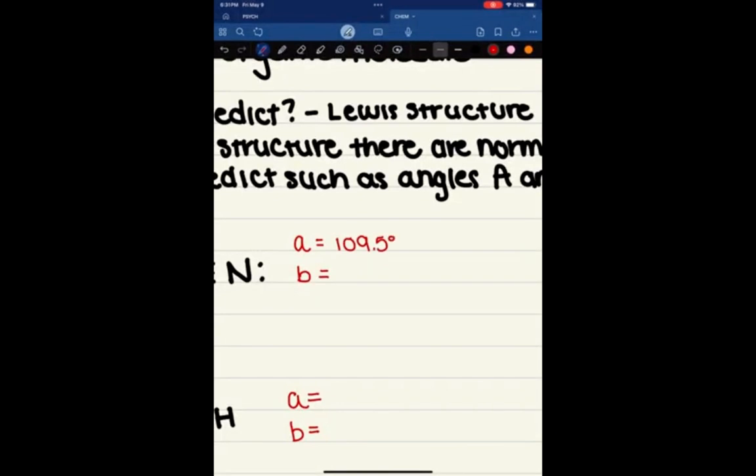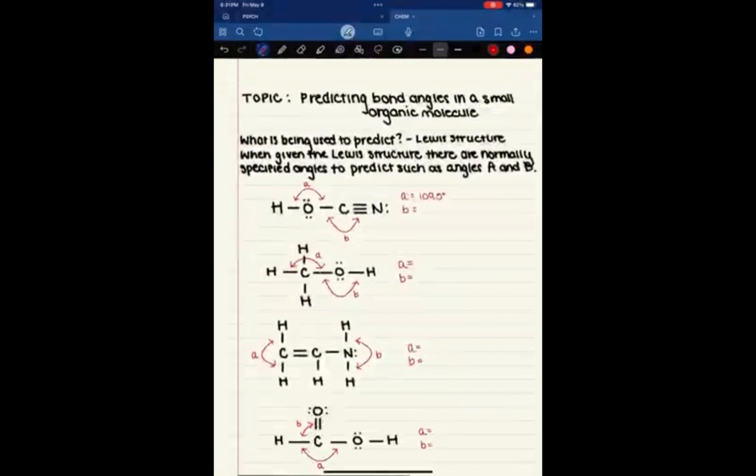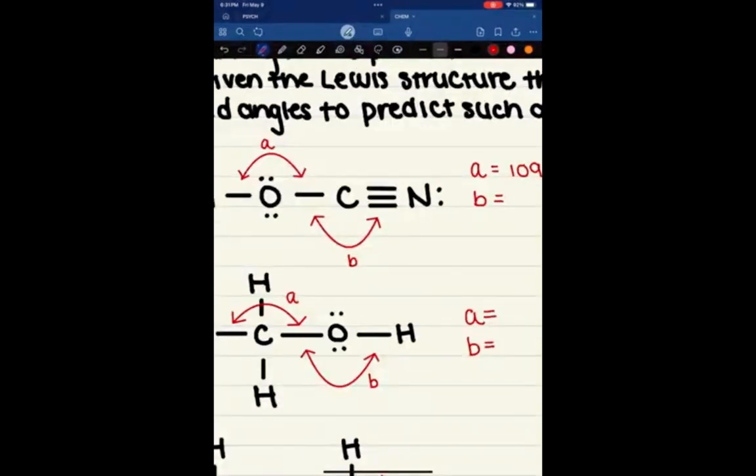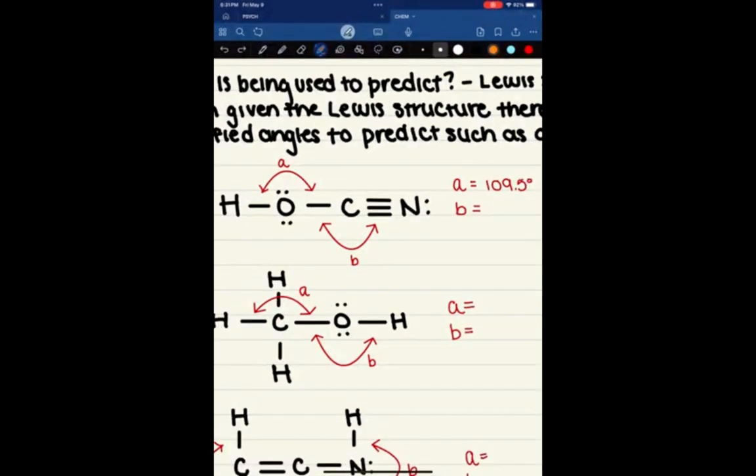Now for angle B, we're going to have oxygen, carbon, and nitrogen. And so carbon is going to be our central atom.